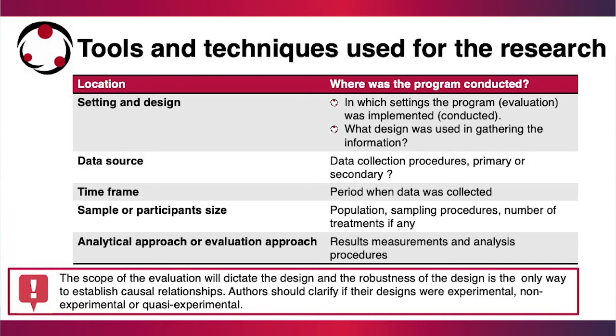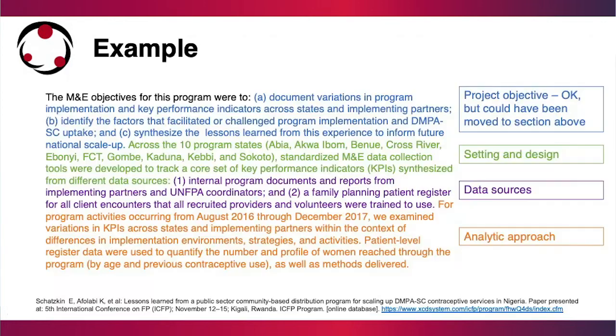Remember, the scope of the evaluation will dictate the design, and the robustness of the design is the only way to establish causal relationships. Authors should clarify if their designs were experimental, non-experimental, or quasi-experimental. I will now give you a few seconds to read through this example.